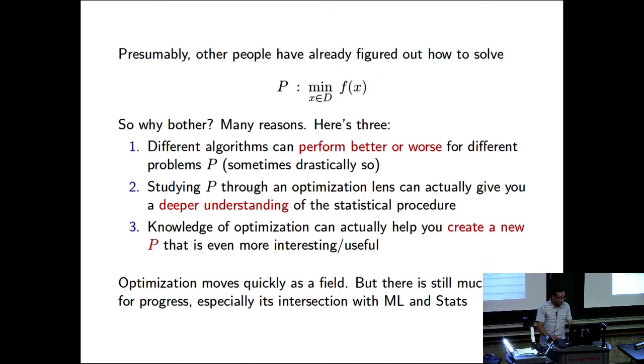Okay, moving on from that: taking an optimization view of a particular problem can often lead to a deeper understanding of the statistical procedure underlying the problem. This is specific to machine learning.